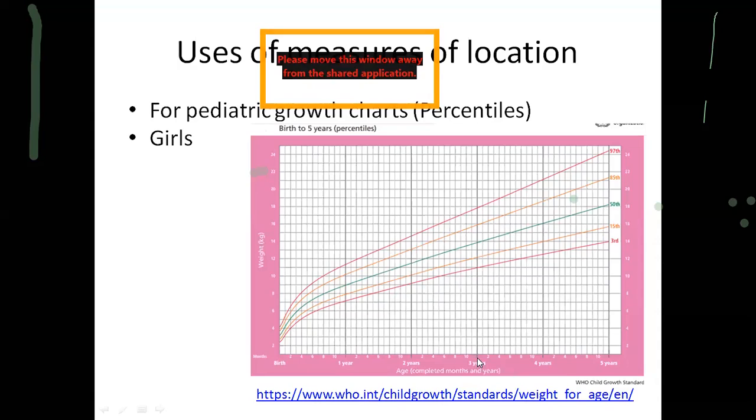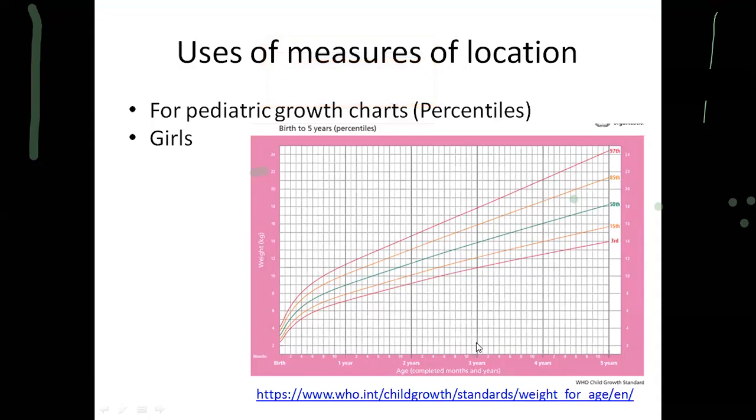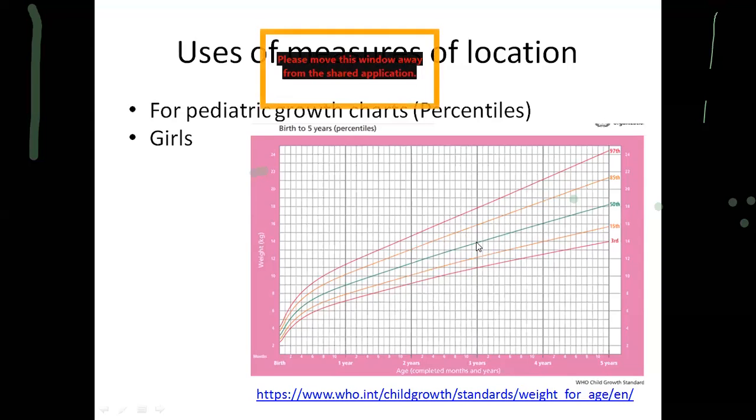Because the 50th percentile is the median, if you want to find the median weight of normal girls at the age of 3 years, you will find that it is about 14 kg. If a 3-year-old child is a girl, her median weight should be 14 kg, because the 50th percentile here for 3 years is 14. So this is the utility of percentiles.